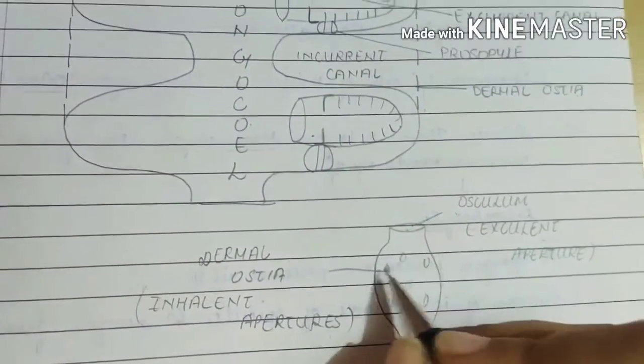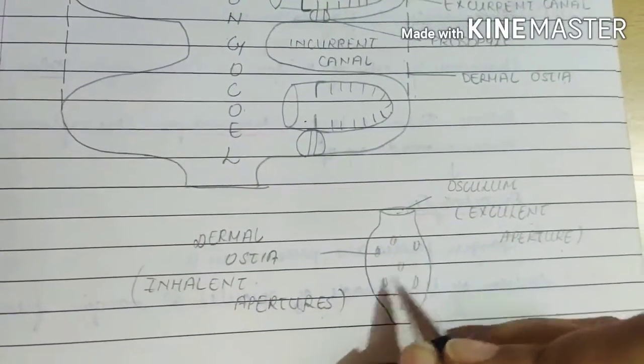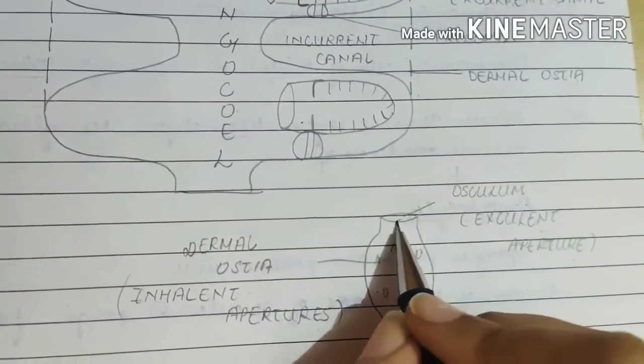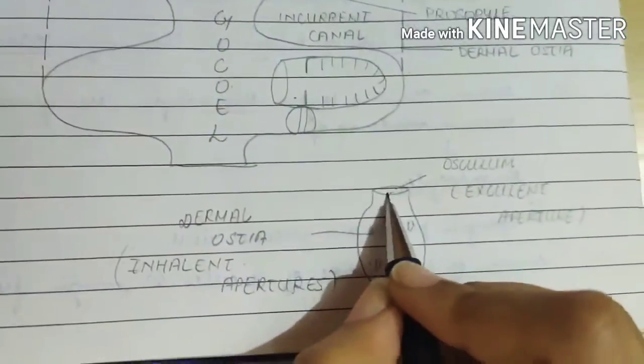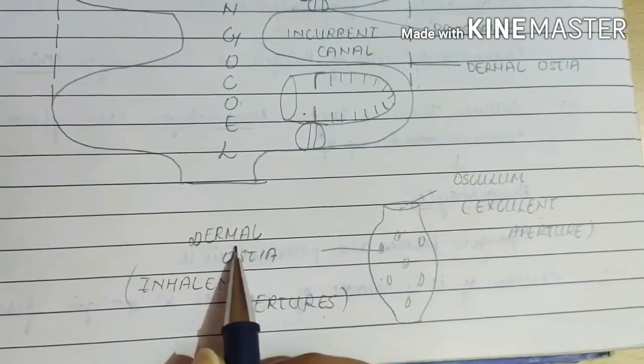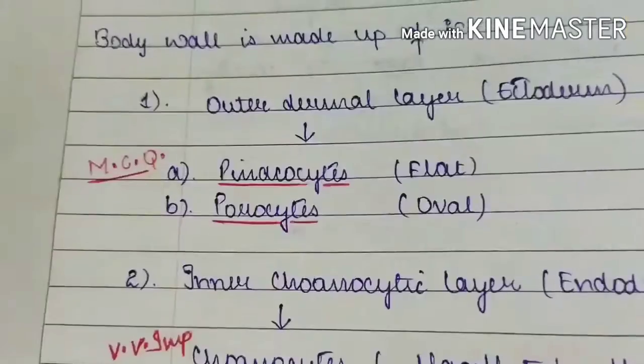These are the inhalent apertures, and this is the excurrent aperture. The excurrent aperture is known as the osculum, and the inhalent aperture is known as the dermal ostia.